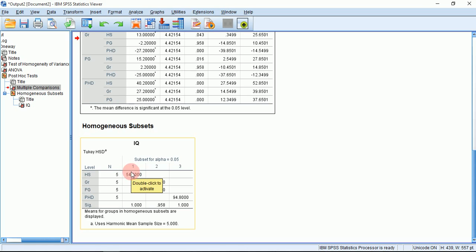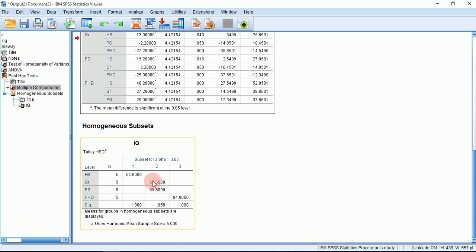And then the graduates and postgraduates, these two groups are presented together one after another because the two groups are homogeneous. The mean IQ scores of these two groups have the least difference.